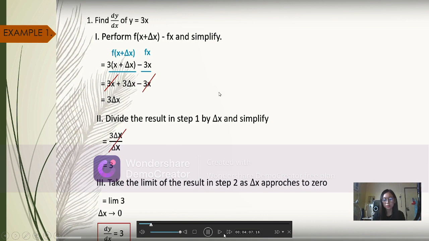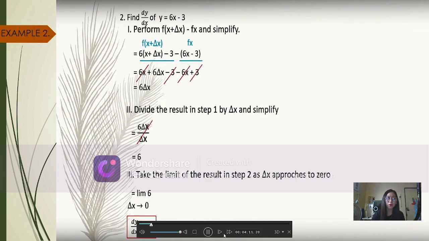So, example number 2. Find dy over dx of y is equal to 6x minus 3. So, step 1, perform f of x plus delta x minus f of x and simplify. So, ganun lang ulit. Apply lang ulit natin dun yung f of x plus delta x sa ibinigay sa atin, which is yung 6x.